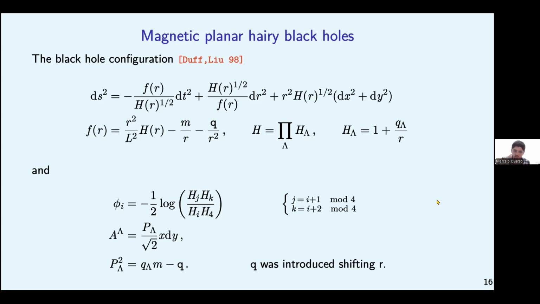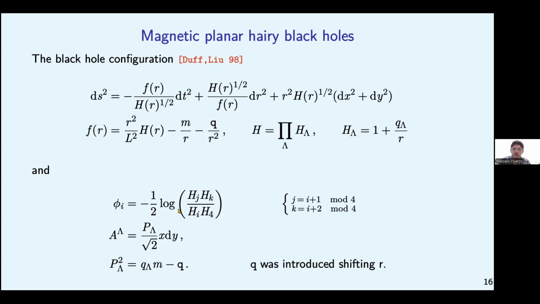This is what happens when you do this kind of electromagnetic duality. And the configuration is almost exactly the same. Just the vectors are magnetic now, and the scalars have this minus sign, but this is the only difference that is here. So this is the magnetic planar KD black holes.